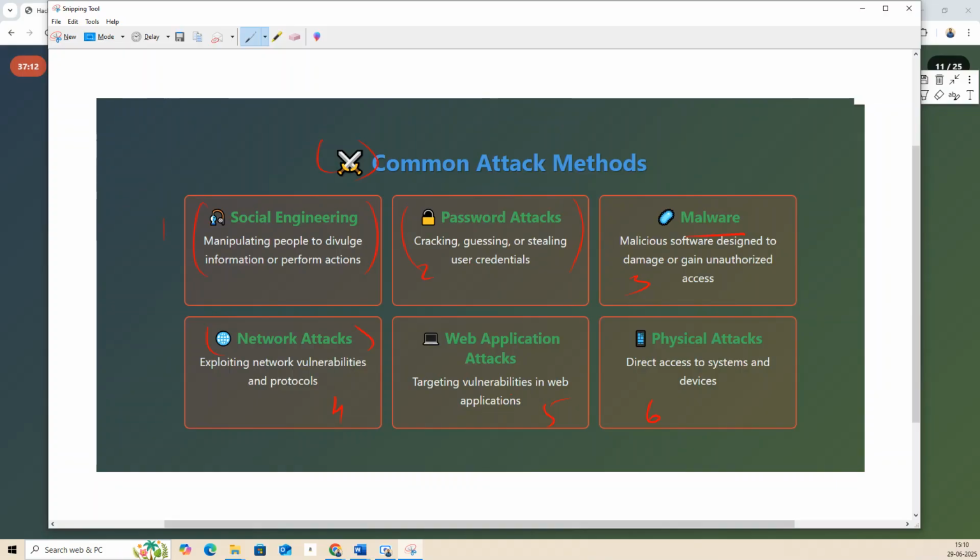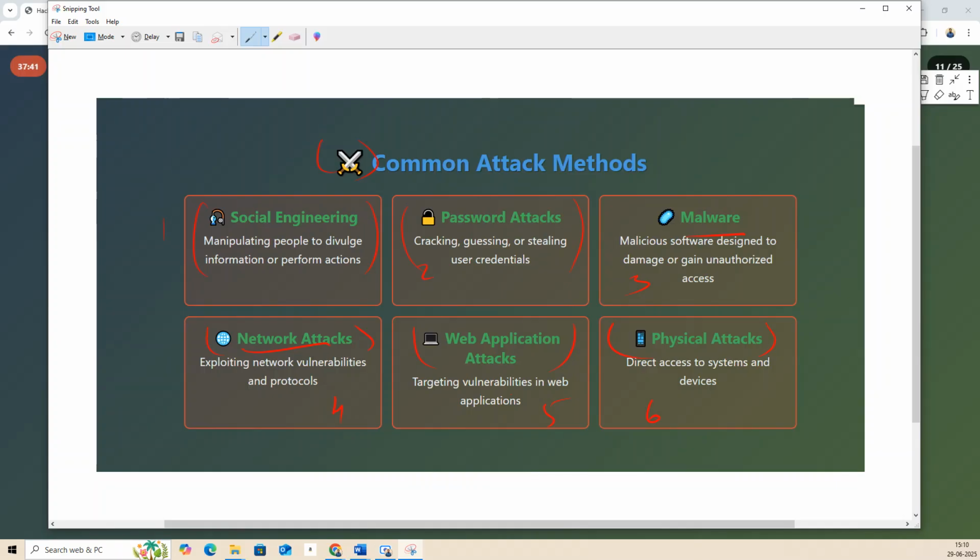Network attacks, exploiting vulnerabilities in network protocols and infrastructure. Web application attacks, targeting the applications that run our digital world. Then we have physical attacks, because sometimes the easiest way into a system is to walk through the front door.